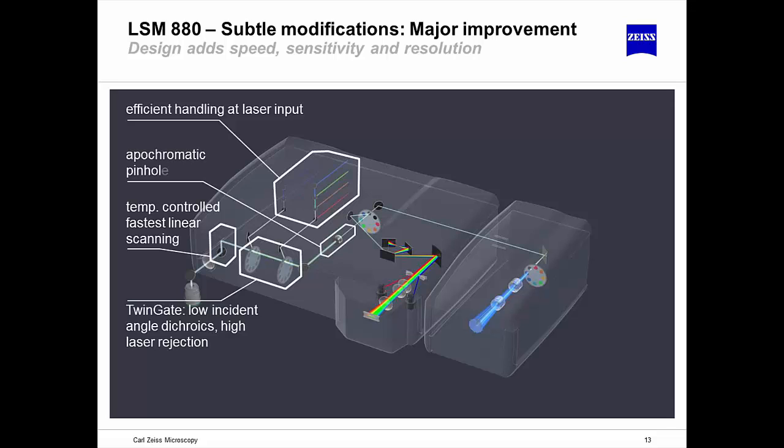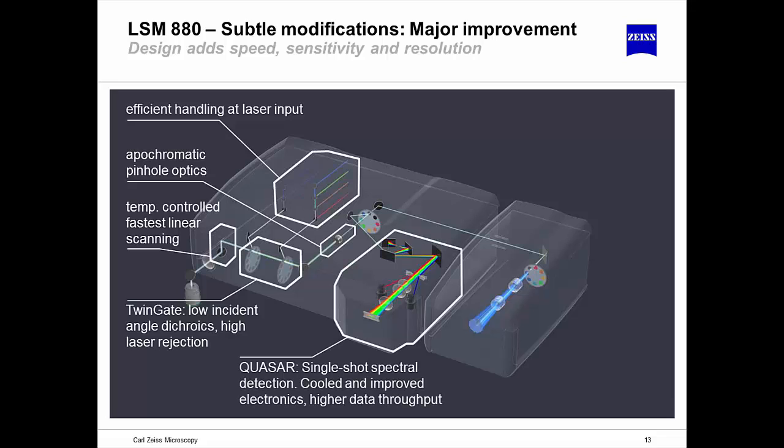The light then passes through an apochromatic pinhole optic in order to provide the typical sectioning associated with confocal. And then usually we would pass the light into what we call the QUASAR system. So this is a system where we can spread the light out spectrally, and in a single shot we can capture the entire spectrum. Compared to previous generations, we now also water cool this system for a number of benefits.